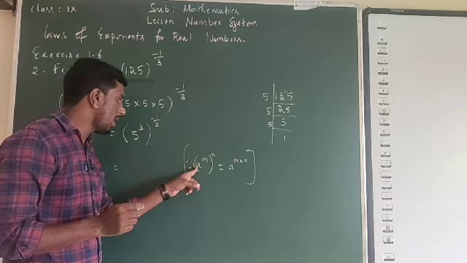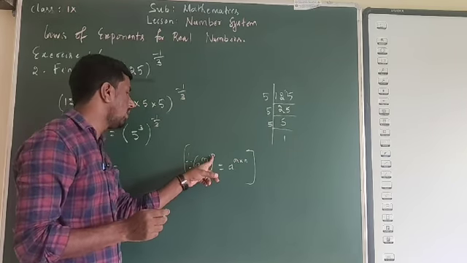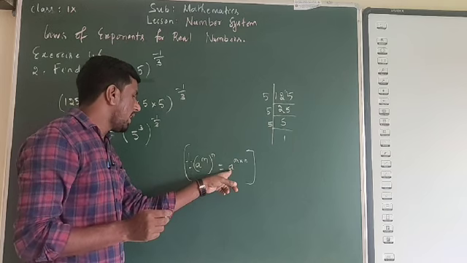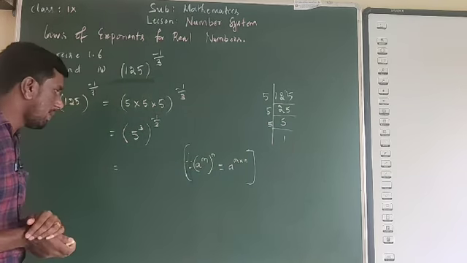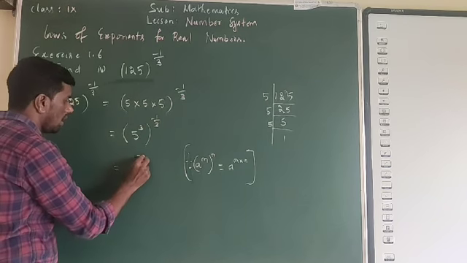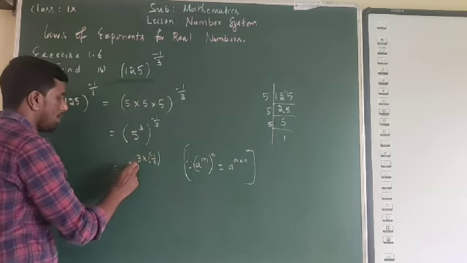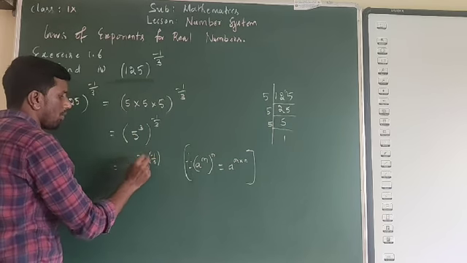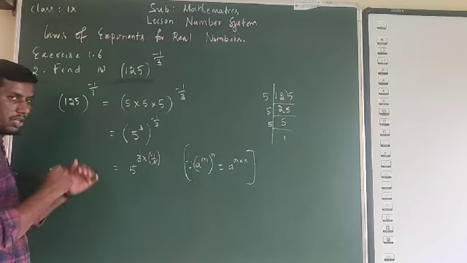Here also a is the base, and m and n are powers, a to the power of m whole to the power of n. So what will happen? Those two powers will be multiplied. We will write the base as it is, 5. Then 3 into minus 1 by 3, the powers will multiply. The 3 in the numerator and the 3 in the denominator will get cancelled.